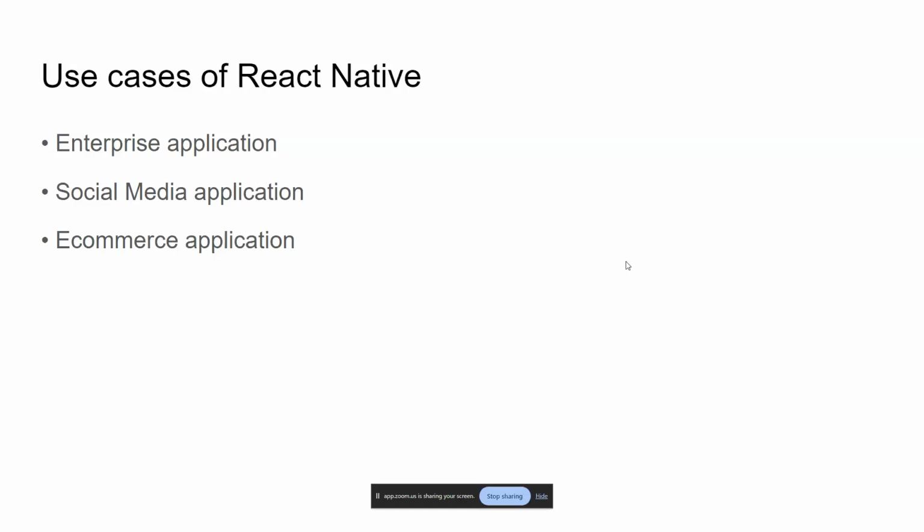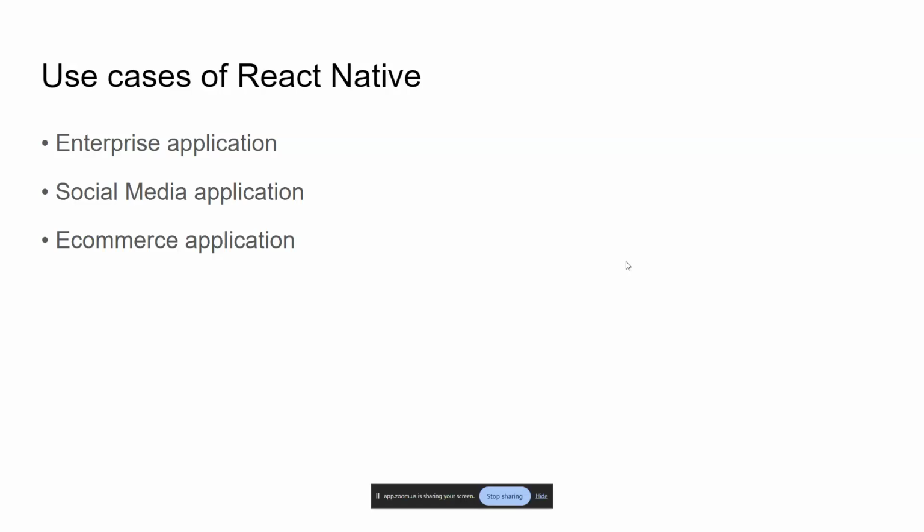So here the enterprise application comes into the picture, which are built using React Native. Then the social media, everyone knows that today everyone uses Instagram and Facebook. So these two applications are mainly built based on React Native platforms, and Meta is also encouraging React Native. You have many opportunities in React Native at Meta. E-commerce application. E-commerce means commerce, business, transaction related application.